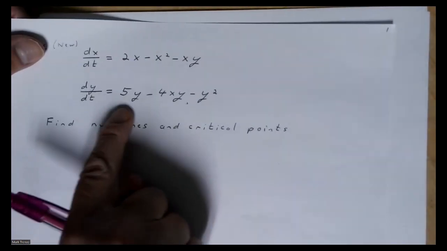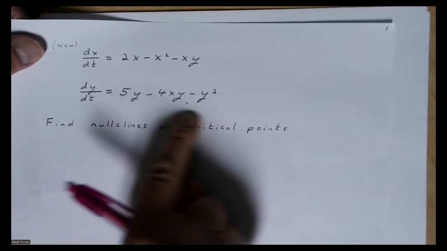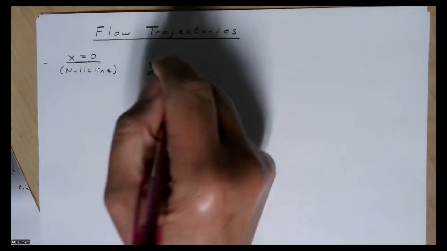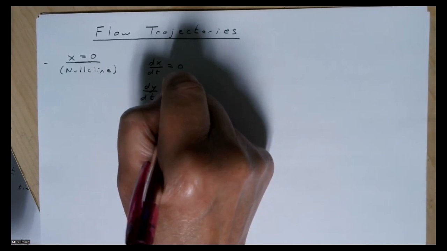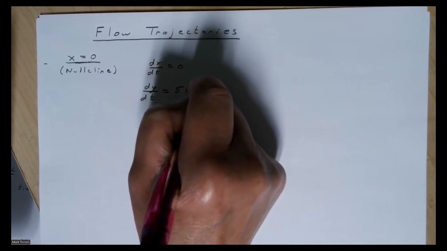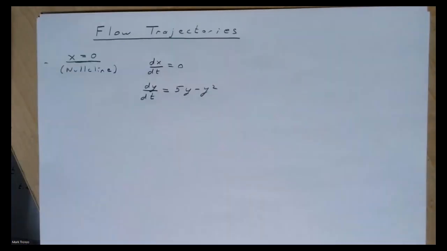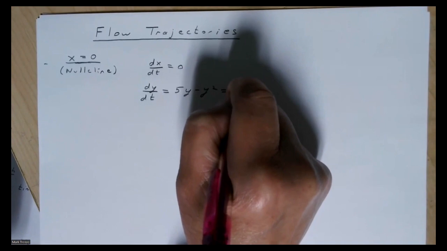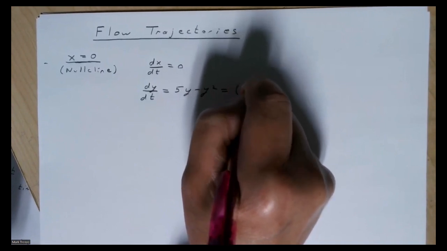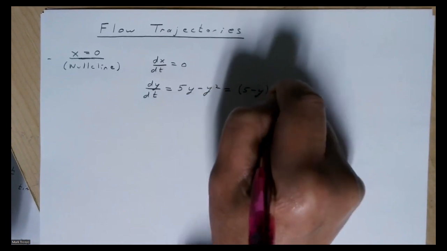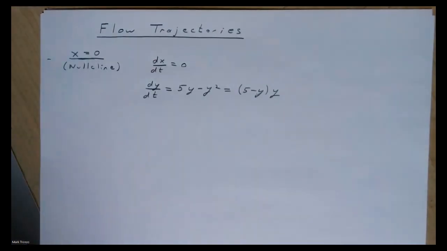So we're going to substitute x equals 0 into here, and substitute x equals 0 into here. And that's going to give us 5y minus y squared, which to help us work with this, we can factor out the y again: 5 minus y times y, like that.